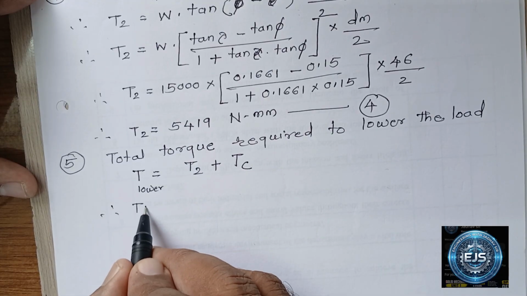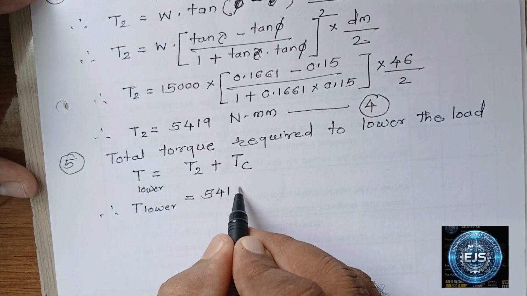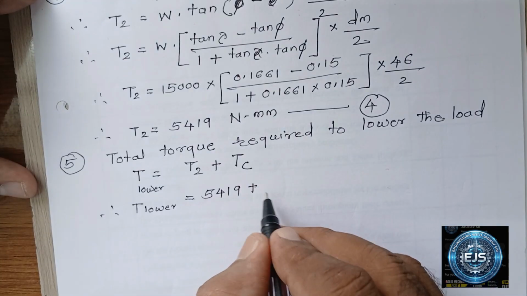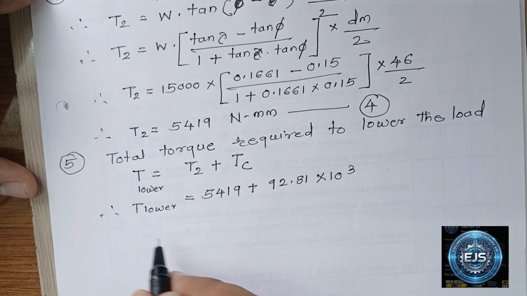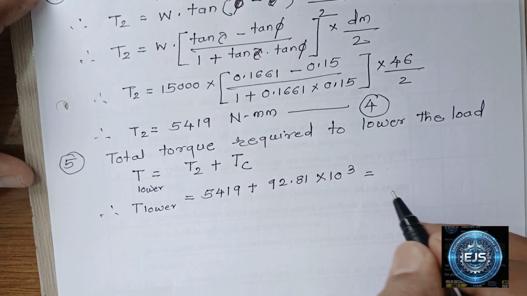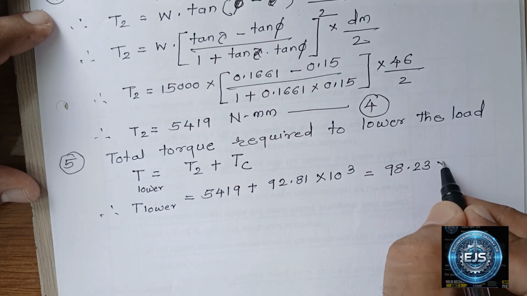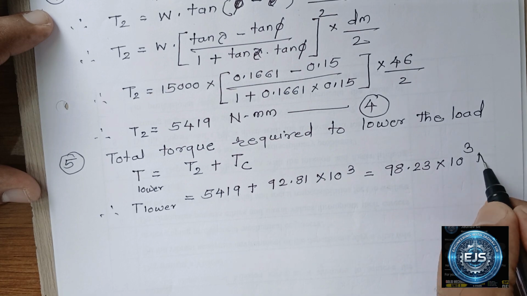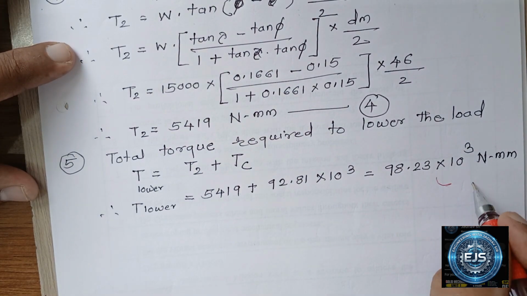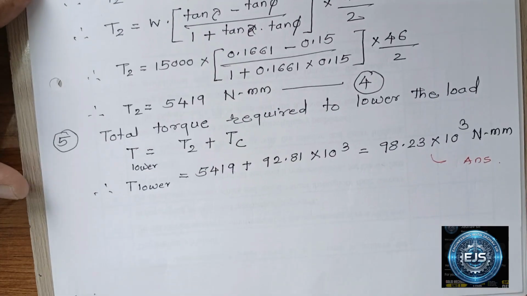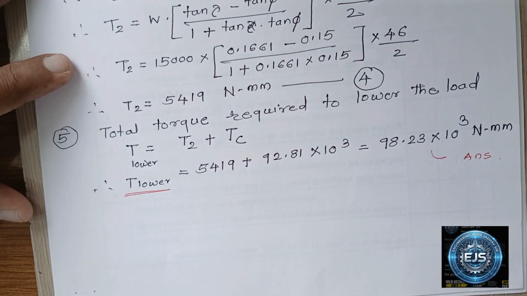So T lower is equal to T2, this 5419, plus the collar friction torque we calculated, 92.81 into 10 to the power 3. So we get the total torque required to lower the load equal to 98.23 into 10 to the power 3 Newton mm. This is the second answer of this problem: total torque required to lower the load is equal to 98.23 into 10 raised to 3.